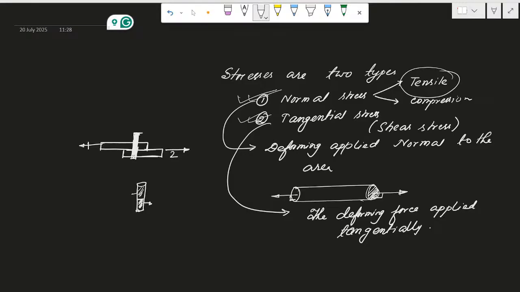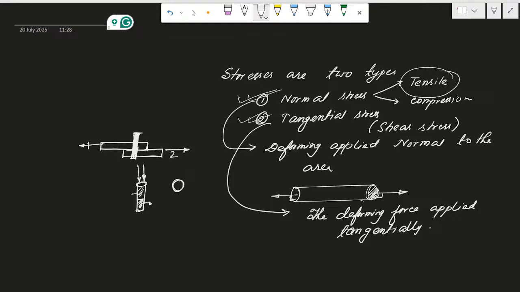Because this is a cylinder, if I want to see it from the top view, I am seeing it from the upside, so it will be a circular thing.